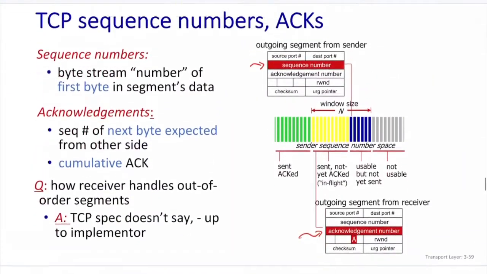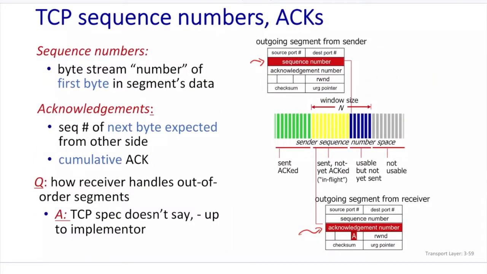So the acknowledgement number is the sequence number of the next byte expected from the other side, and we use cumulative ACK, which we explained before, right? So that's it. When you send a data packet, you should write its sequence number right here.